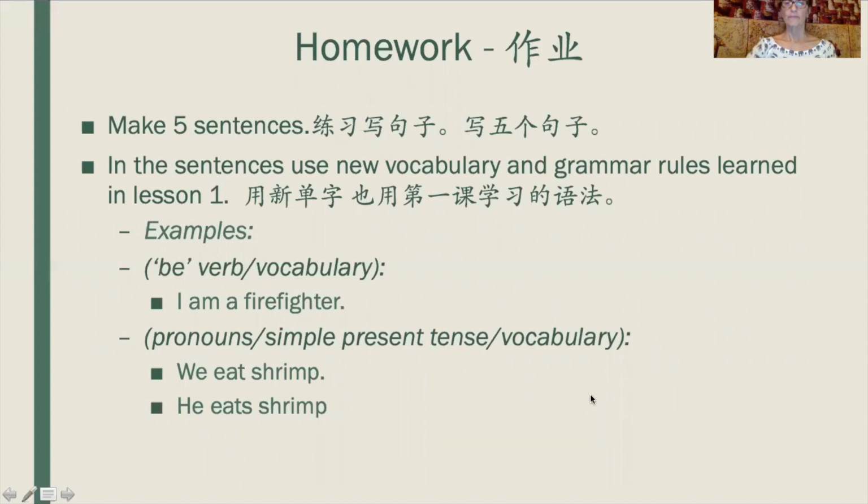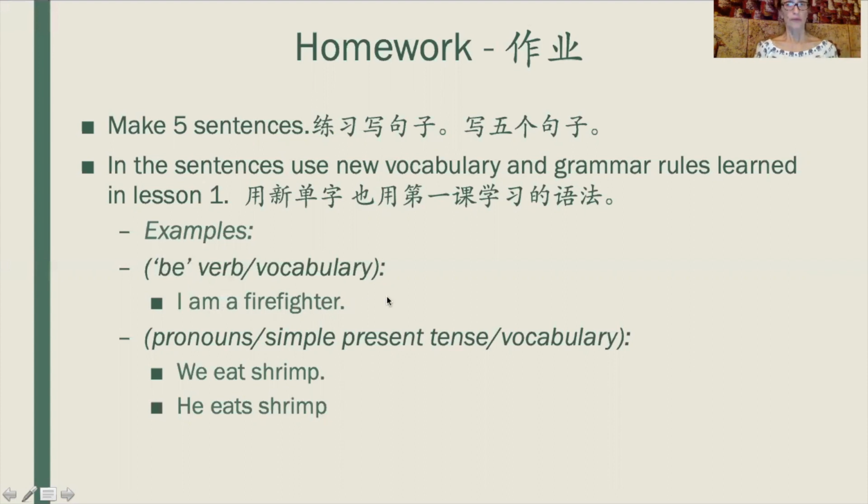Okay? 写五个句子，用新单词也用立刻学习的语法. So here's an example of a be verb, and there's rules around the be verb, to be, and we have some vocabulary that we learned. And so when I say I, the be verb becomes am. I am a firefighter. Simple.